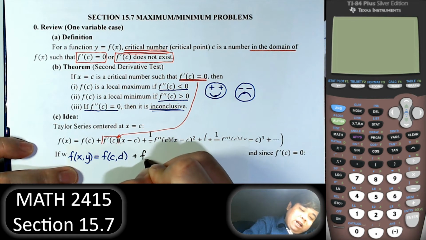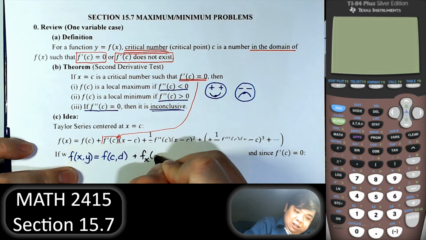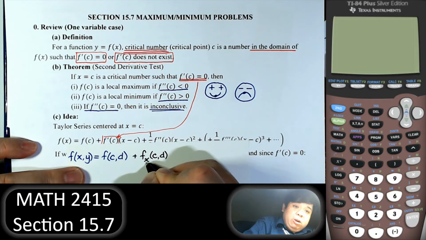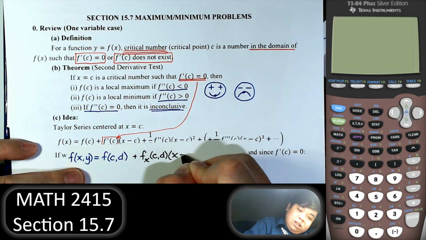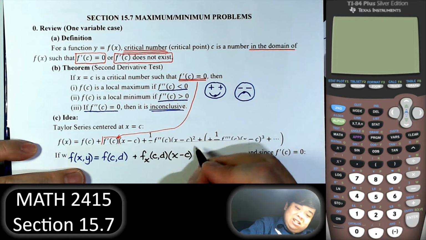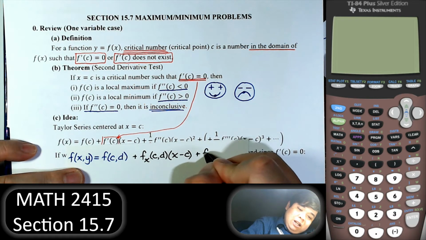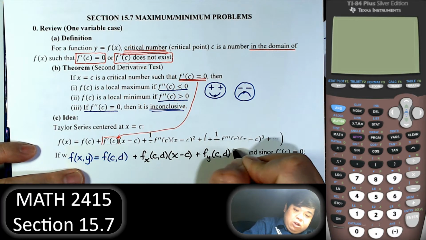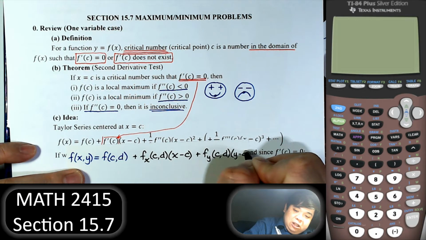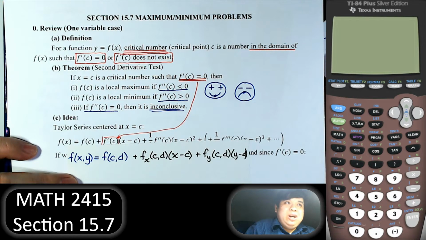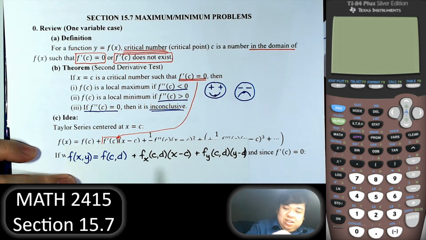So we have f_x at the point, times x minus c. So this is like the equation of the tangent plane. And then the derivative with respect to y, we have y minus d. That is the equation of the tangent plane, by the way, if this is z.